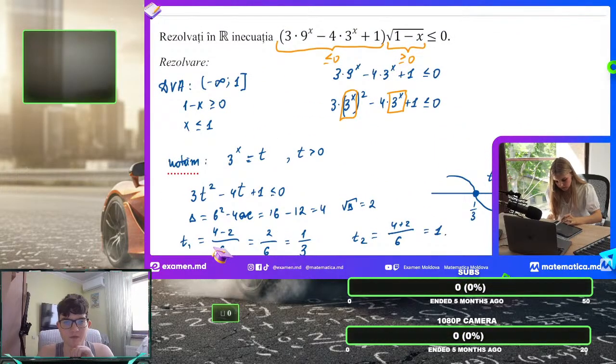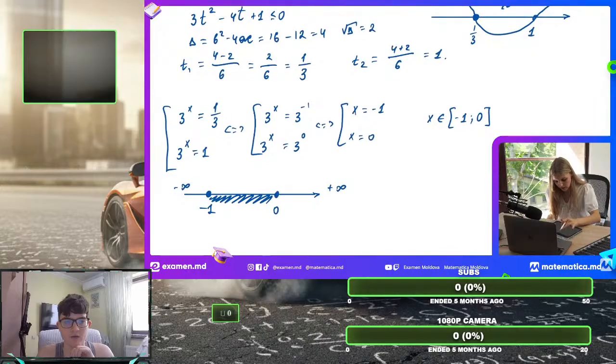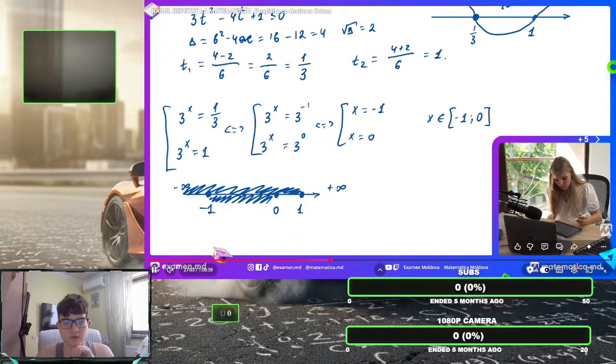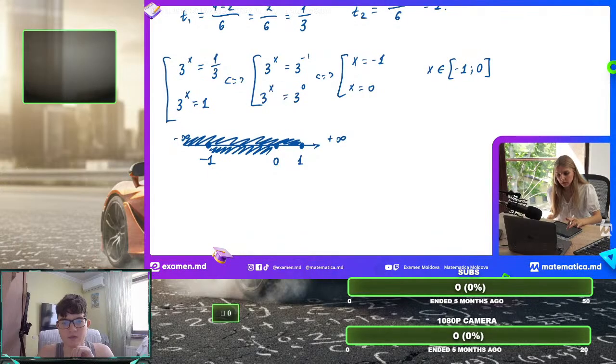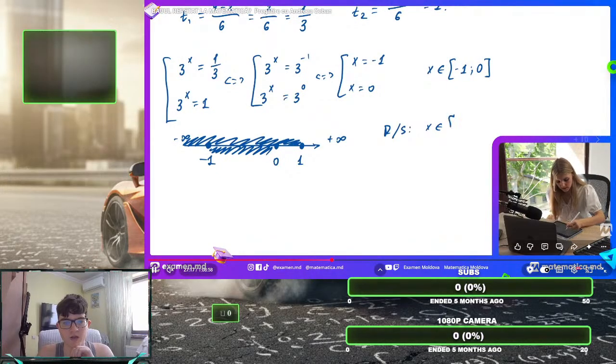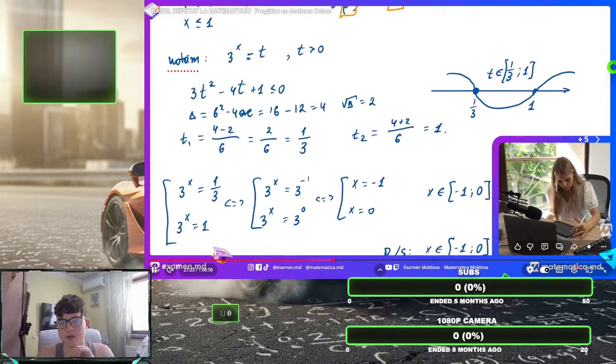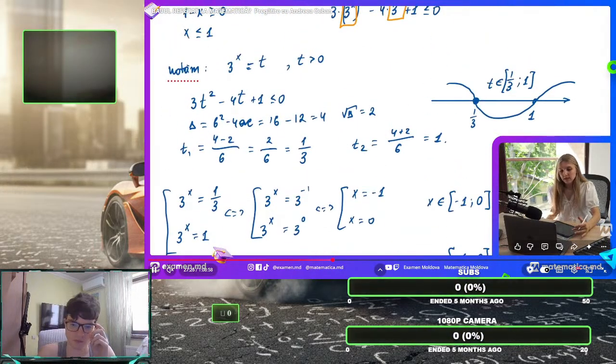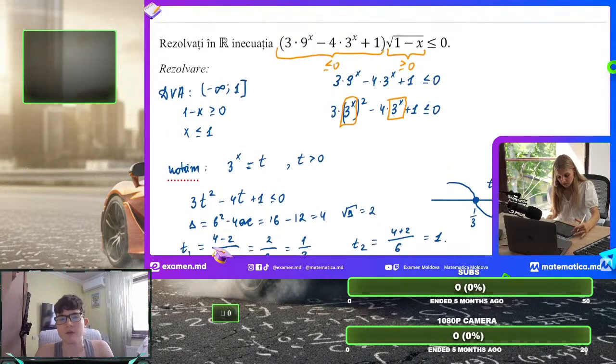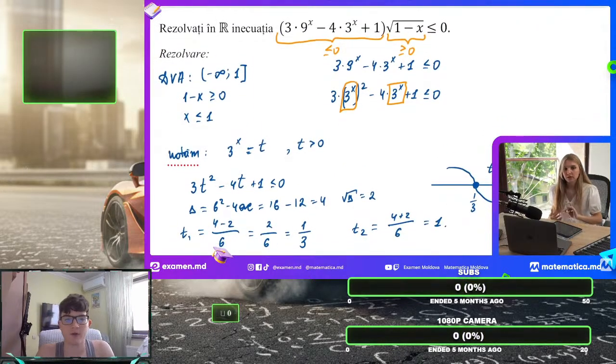Now we're going to place the domain values from minus infinity till 1 right there. Okay, we got that, and basically the response is from minus infinity till 1. Okay, so this is done. Essentially what we got of x values right here is the same interval.